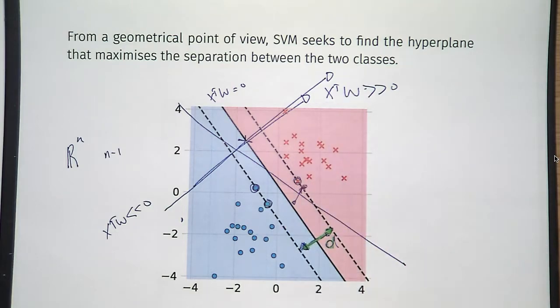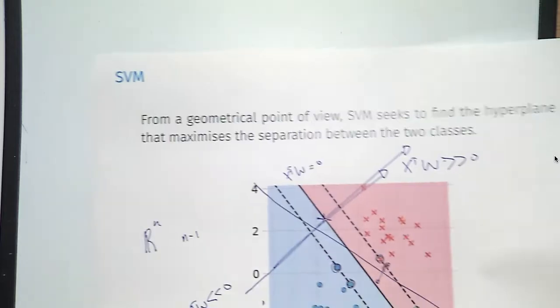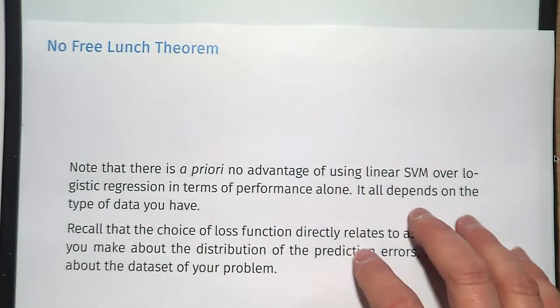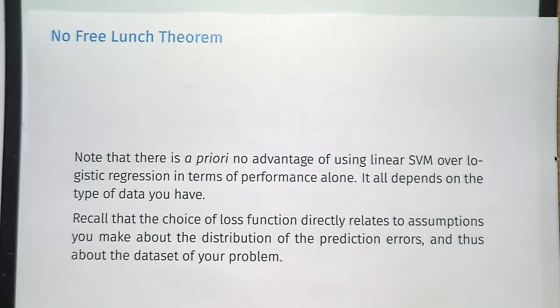Okay, so there's a lot more to SVM, especially the way you try to solve for it, and the geometric considerations about what it does. The thing is, you'd be tempted to think, is logistic regression any worse than SVM?